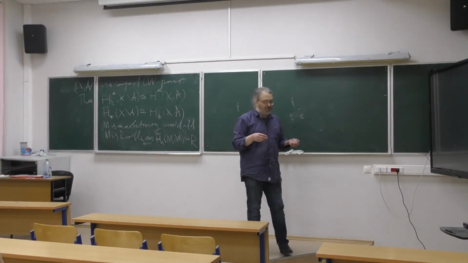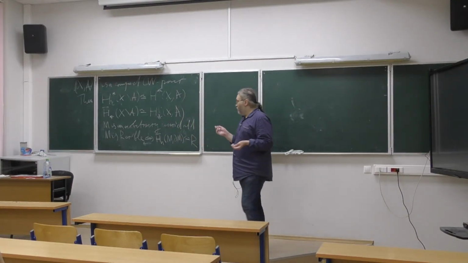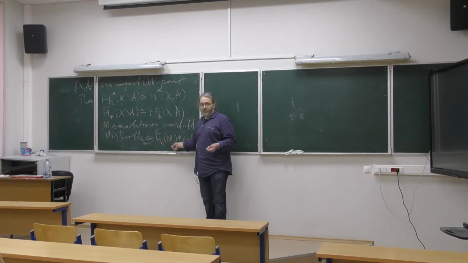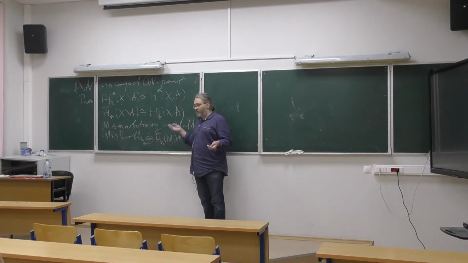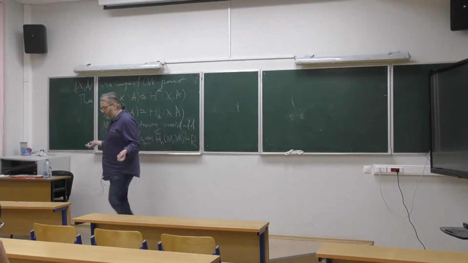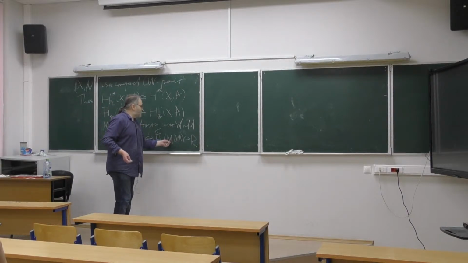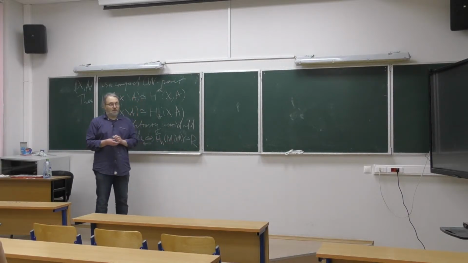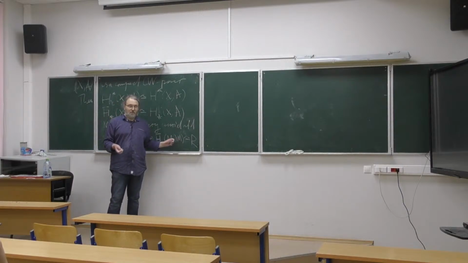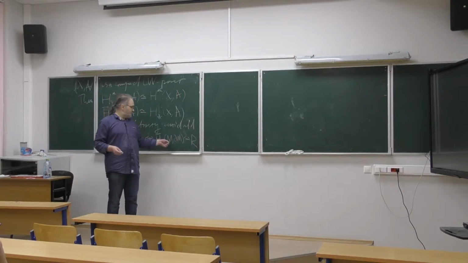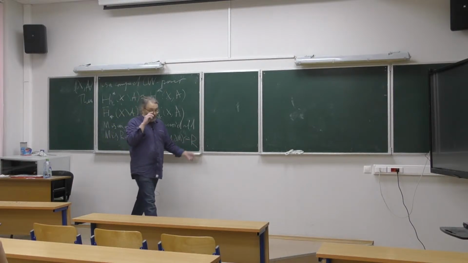For the Borel-Moore homology, one can also define the relative groups just in the same way as for ordinary homology. If I have a closed subset of some space and a locally finite chain, I can also take the same chain in M, which is still locally finite.